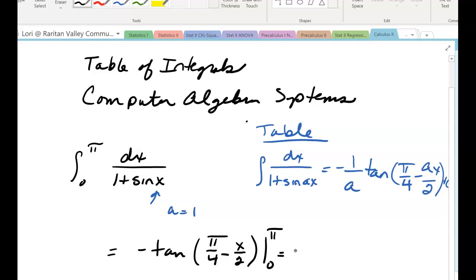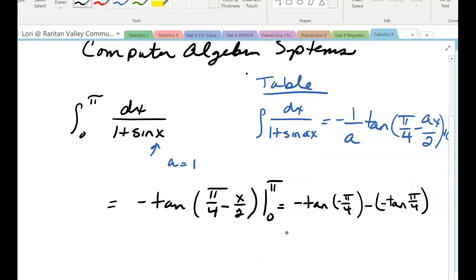So negative tan, so pi over 4 minus pi over 2 is actually negative pi over 4. So minus my negative tan of pi over 4 minus, when I plug in 0, 0 over 2 is 0.